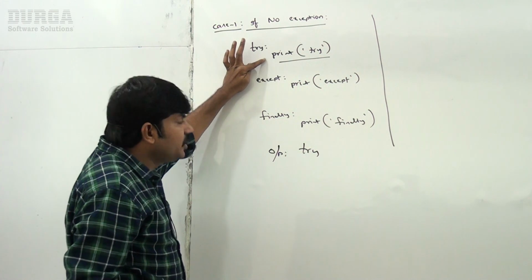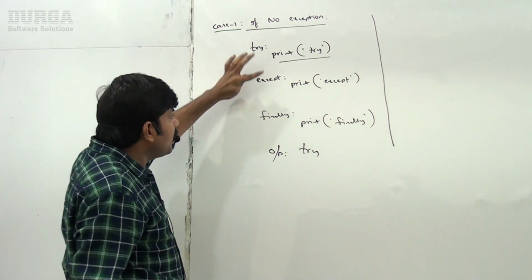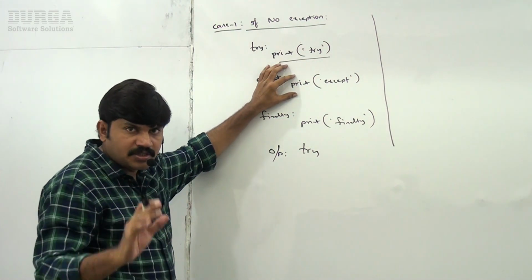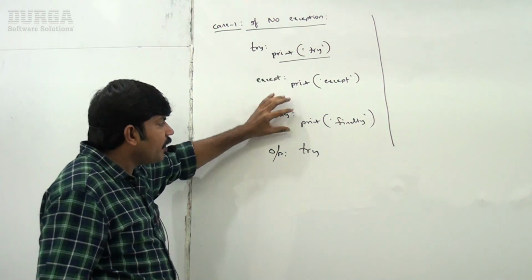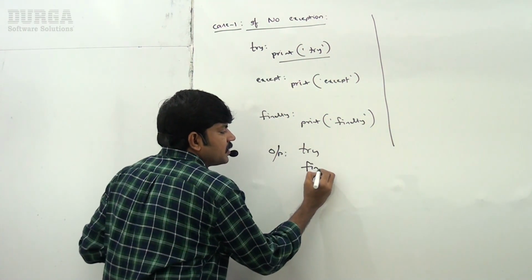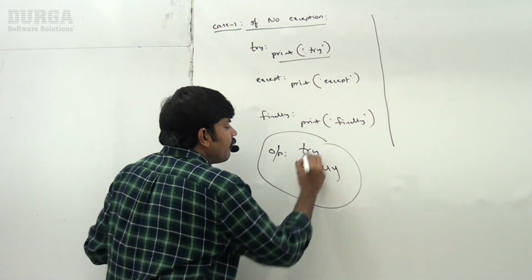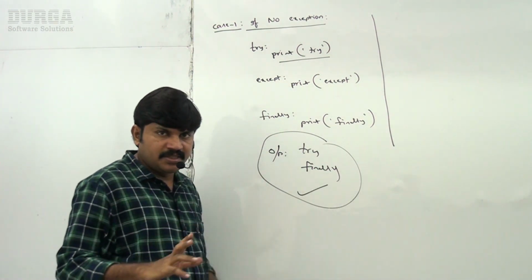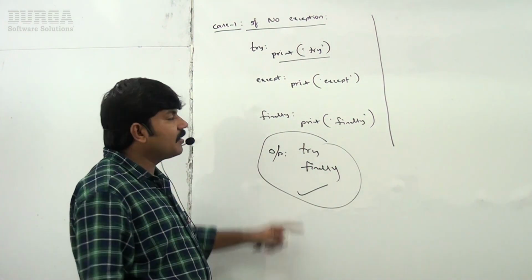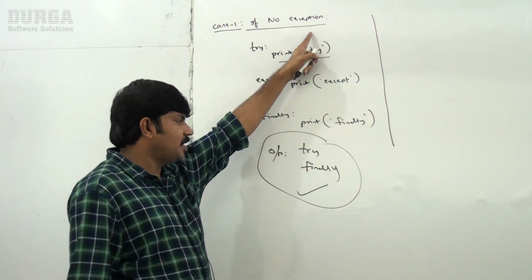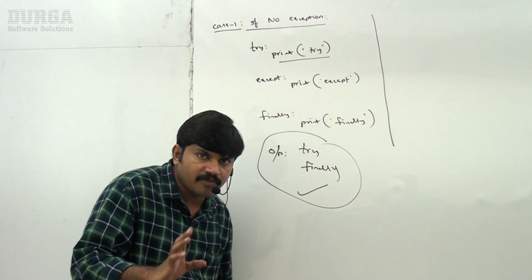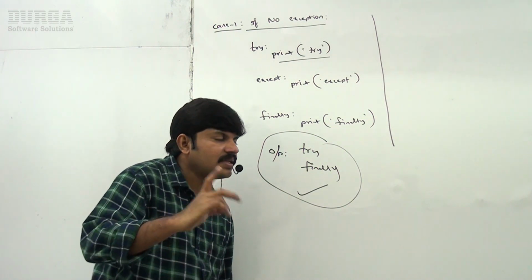Next, there is no exception. If there is no exception, the except block is not going to execute. So finally will be executed. Try followed by finally will be executed. It's very clear: if there is no exception, then the finally block will be executed. Correct, right?